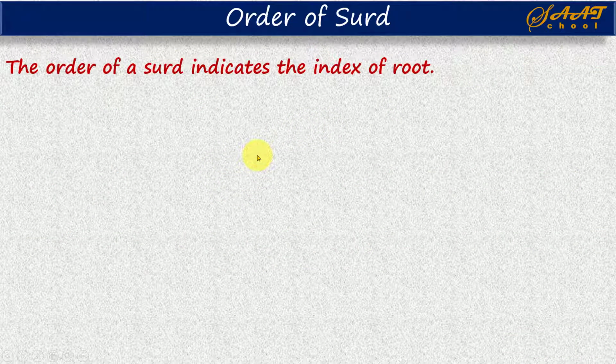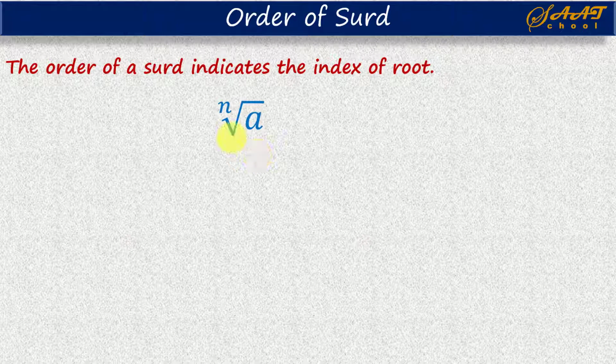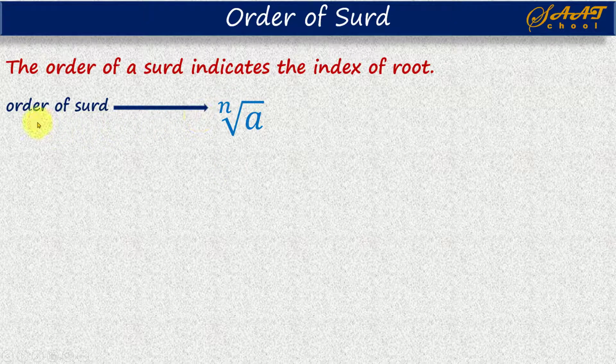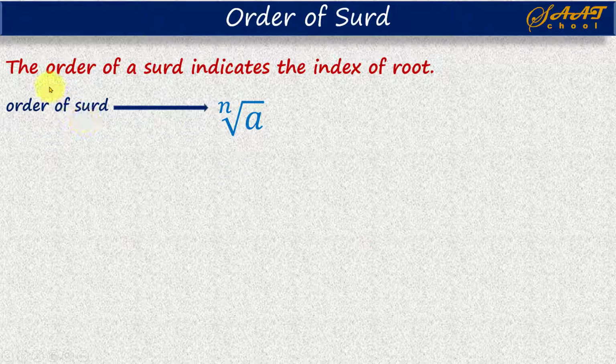Next is order of surd. Now what is simply the order of surd? It is the index of the root. For example, here we have a surd. Now in this, n represents the order of surd. Again, the order of surd indicates the index of root, and this n is the index of this surd, and that is called the order of surd.